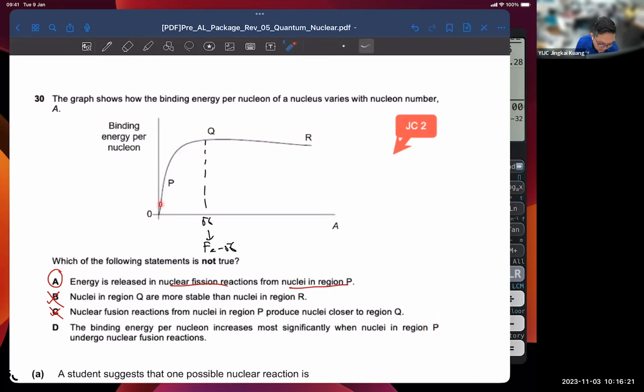You can look at the gradient here. For a small increase in your number of nucleons, this has a big jump compared to, let's say, over here. So again, D is wrong, so the answer is A. If you want to change this statement to correct, then this one will become fusion, and then this will be correct.